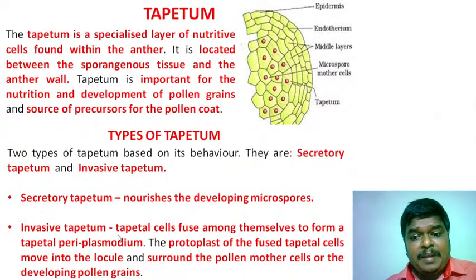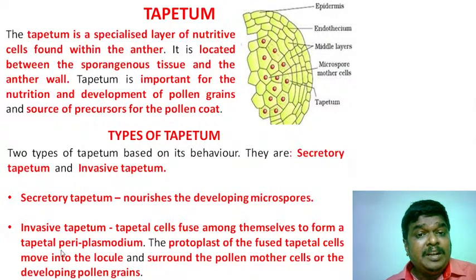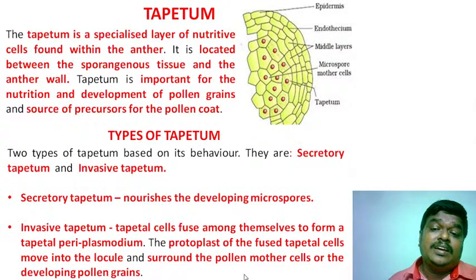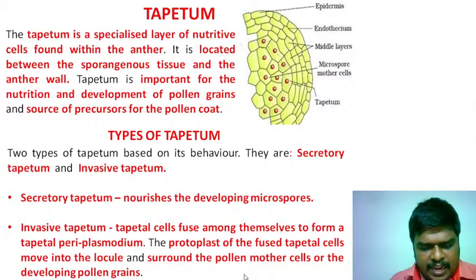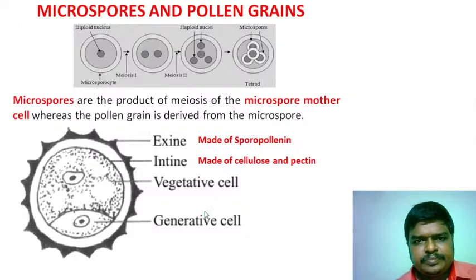This tapetal periplasmodium surrounds the pollen mother cells, or the microspore mother cells, and helps in the development of pollen grains. These are the 2 types of tapetum.